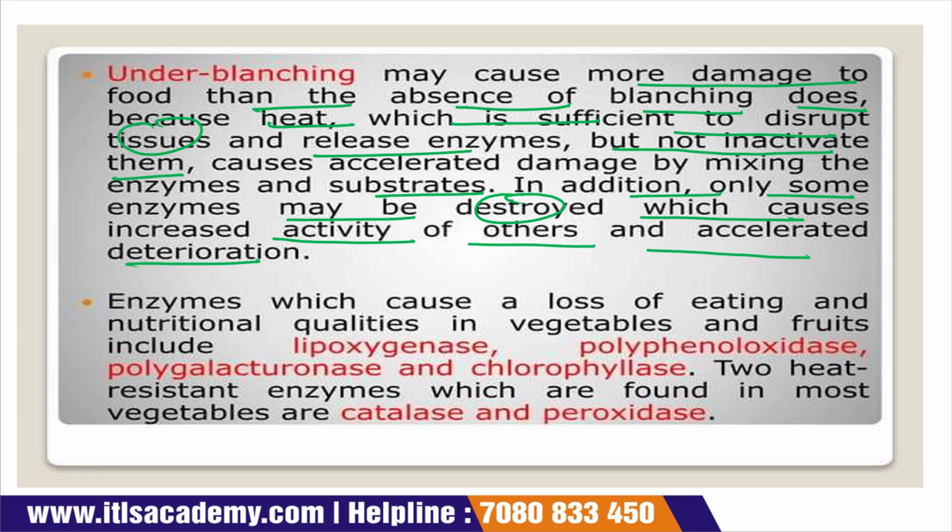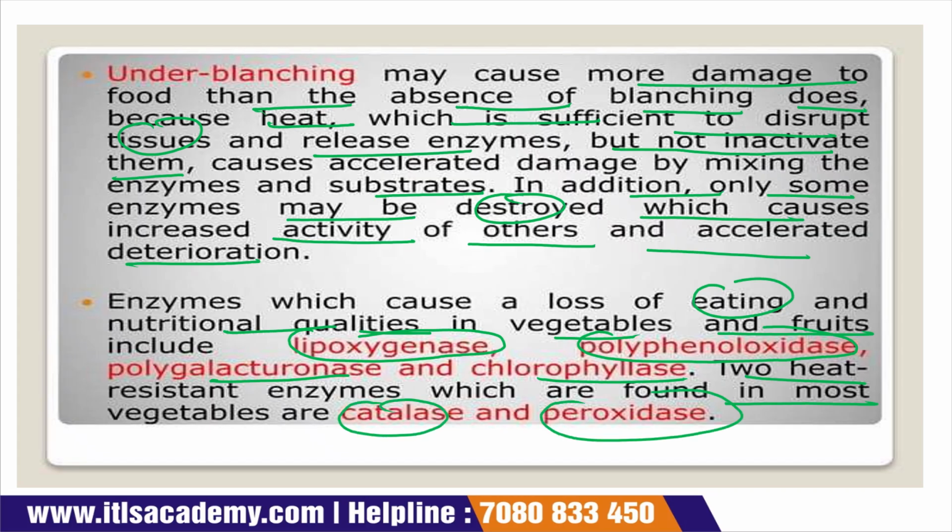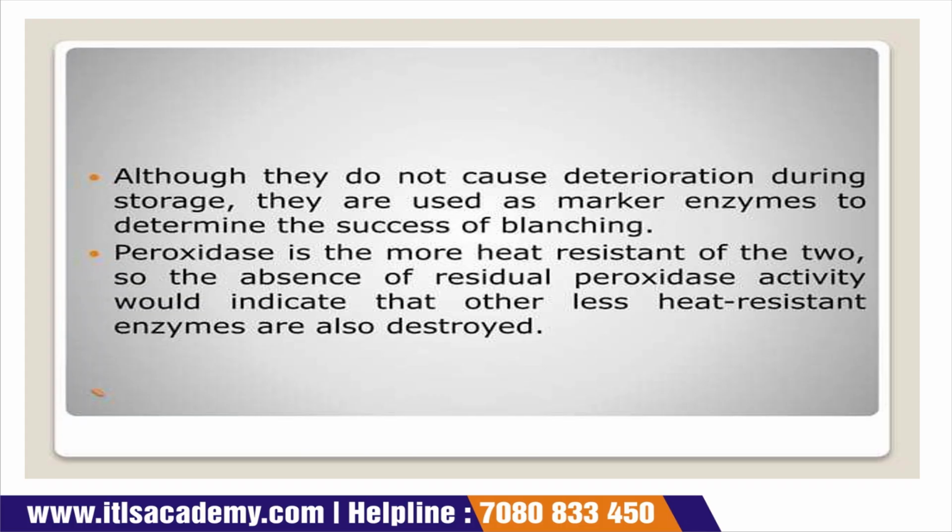Enzymes which cause a loss of eating and nutritional quality in vegetables and fruits include lipoxygenase, polyphenoloxidase, polygalacturonase and chlorophyllase. Two heat-resistant enzymes which are found in most vegetables are catalase and peroxidase.